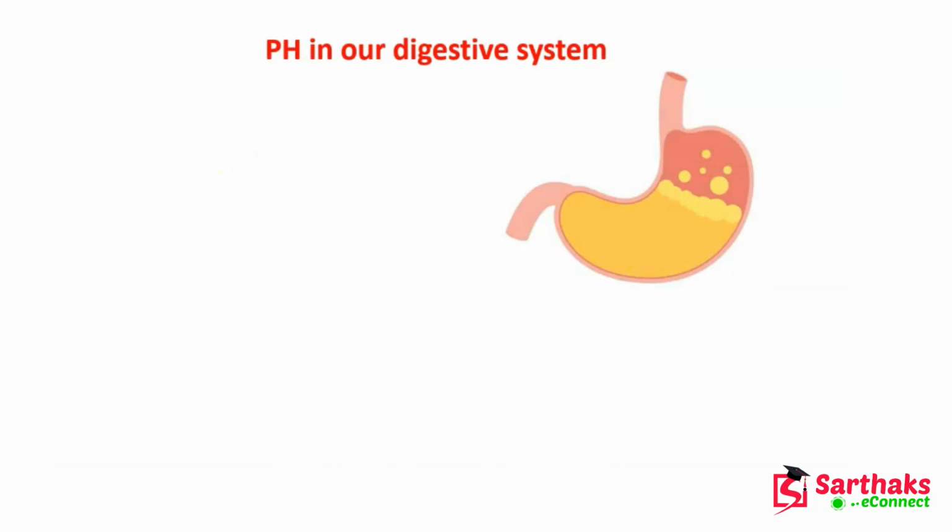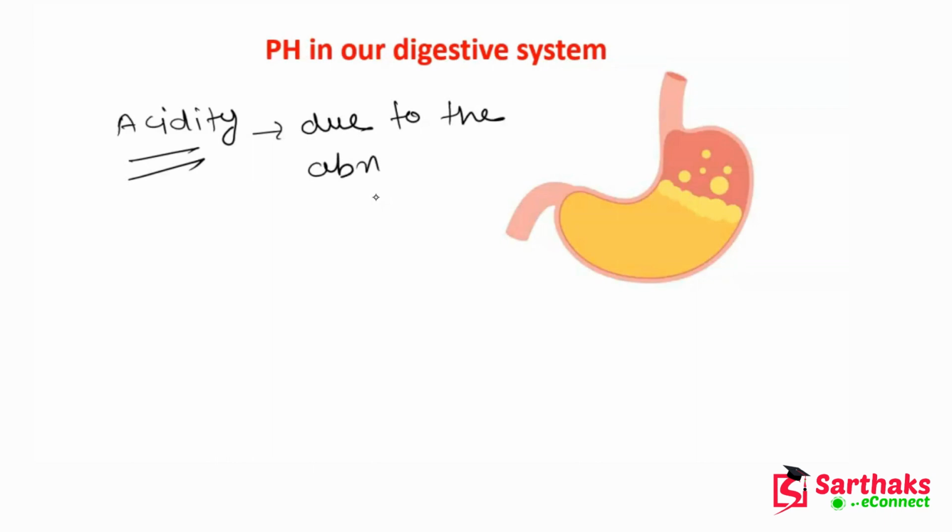Sometimes, due to abnormal food habits, this HCl is released in excess. And if it is released in excess, then this situation is known as acidity.